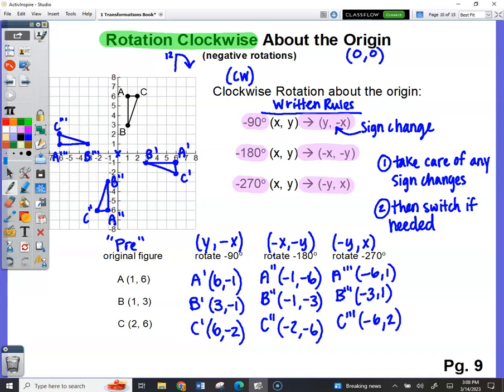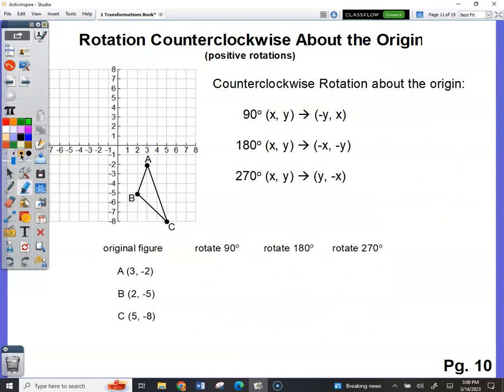All right, now, slide to the right in your transformations booklet, page 10. Notice it says rotating counterclockwise around the origin. So take your highlighter, let's highlight that we're going counterclockwise.